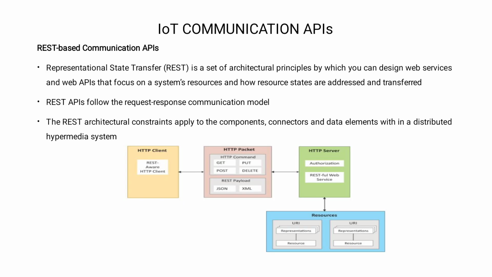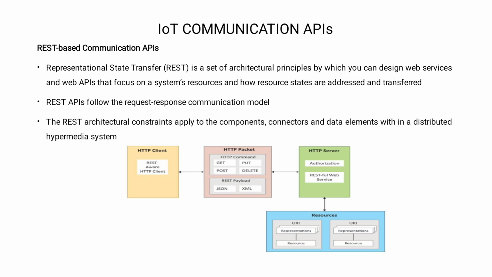IoT communication APIs. REST-based communication APIs. Representational State Transfer is the set of architectural principles by which you can design web services and web apps that focus on the system resources and how resource states are addressed and transferred.